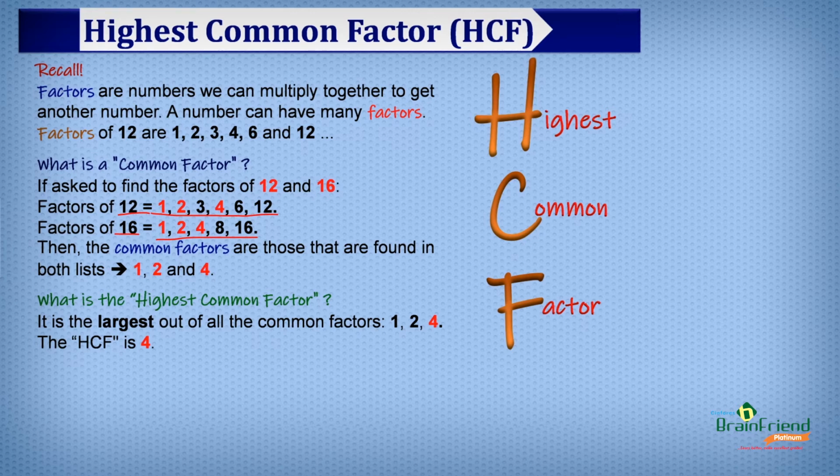Now you can see that the numbers 1, 2, 4 appear on both lists. So 1, 2, and 4 are our common factors. And the highest or the biggest or the largest of them is the number 4. So 4 is the HCF between the numbers 12 and 16.